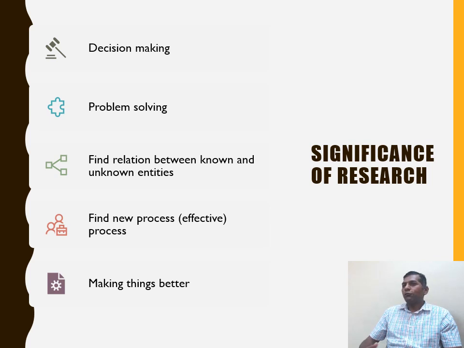These are a few examples. It's not actual research, but I'm just giving you small examples with which you can understand how to define a relation between known and unknown variables. Then importance of research in finding new and effective processes for a research.